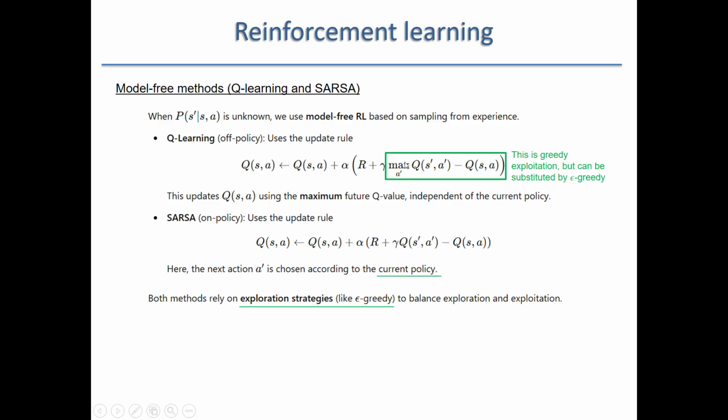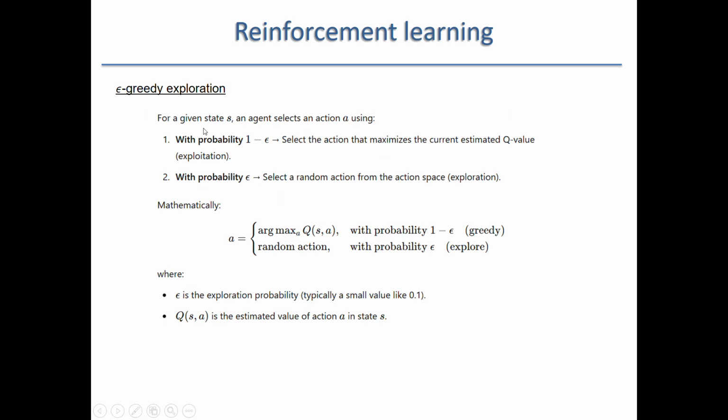These two use something that is called epsilon-greedy exploration. So epsilon-greedy exploration is this thing. Let's say that you are given some current estimate of what the values of the different states and actions are, so you are given this Q(S,A), the current estimate.